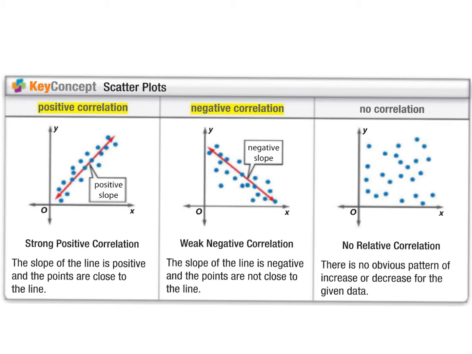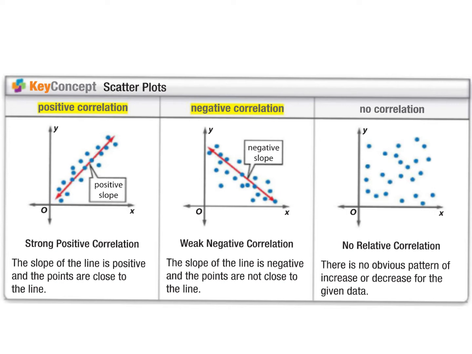A 2-year-old will be a certain height, and then a 4-year-old's taller, a 5, 6. As you get older, you get taller, at least till you reach your late teens. That's an example of positive correlation. If we took random information on age and height, you would see a positive correlation.